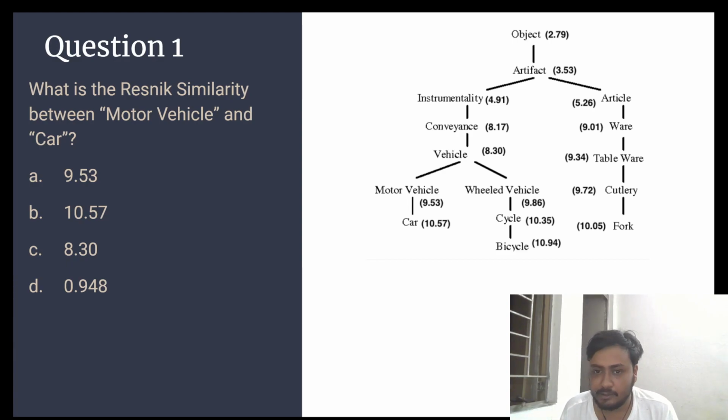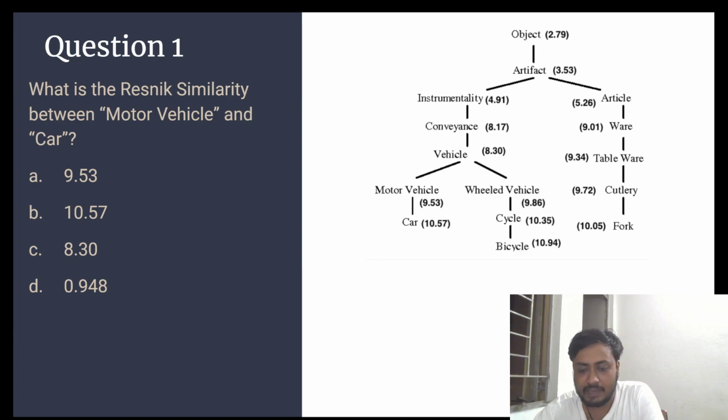First of all, for Resnik similarity, we need to find the lowest common subsumer, the LCS, the lowest point in the graph which is common to both the given words. So what is the LCS for motor vehicle and car? Not words, concepts.